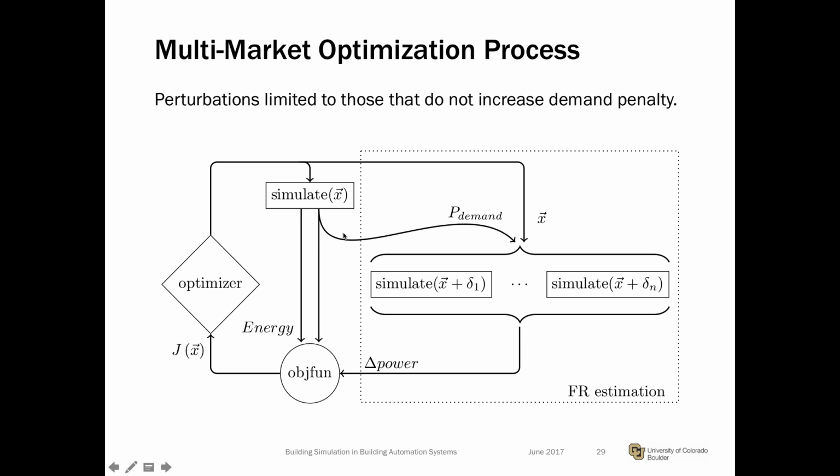It then takes this decision vector x and explores around it a perturbation of set point changes upward and downward, and those are these deltas, and we get a set of solutions, delta power, the frequency regulation provision, around a candidate strategy. We can then consider not just the energy or cost minimization, but also the opportunity for providing frequency regulation. All of those terms are considered in the objective function.